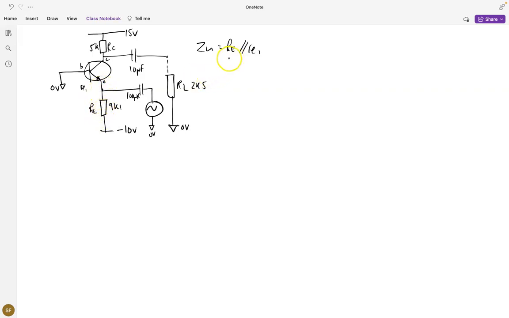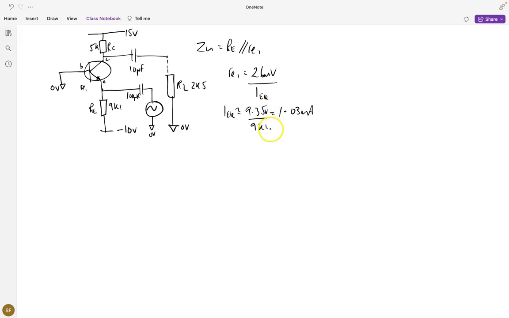IEQ. Now the reason being is we know that RE1 is 26 millivolts divided by the IEQ. So IEQ is approximately equal to 9.35 divided by 9K1, which is approximately 1.03 milliamps.